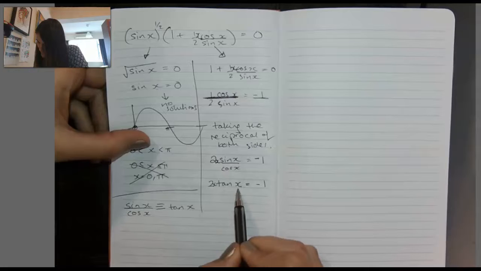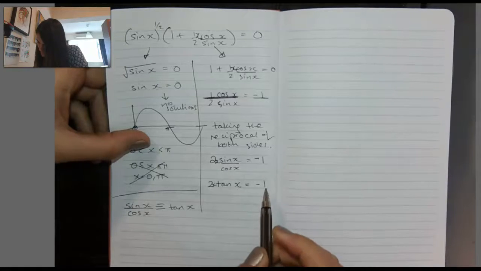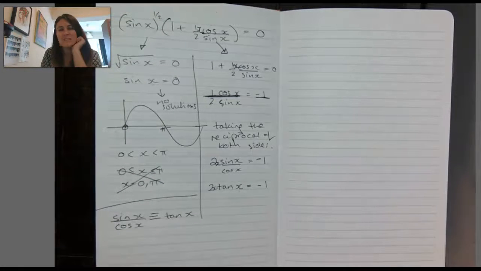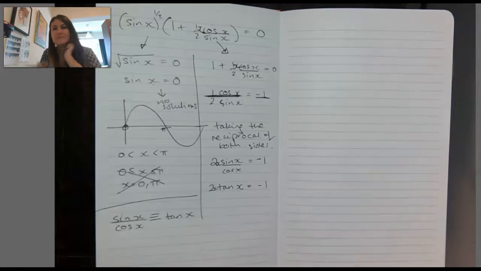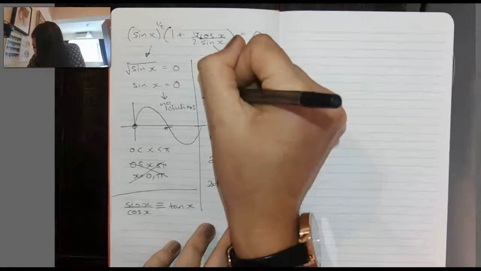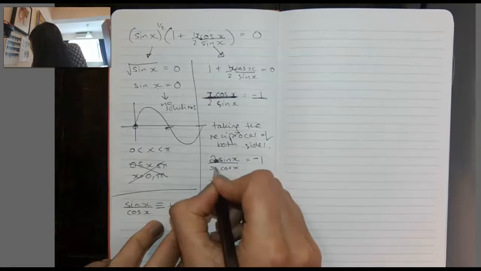2x tan x equals minus 1. It doesn't actually look the same. Yes, I know why, because this x would be at the top, which means this x would be at the bottom.